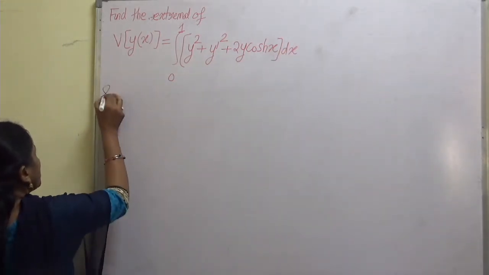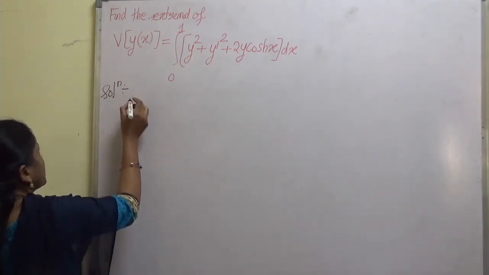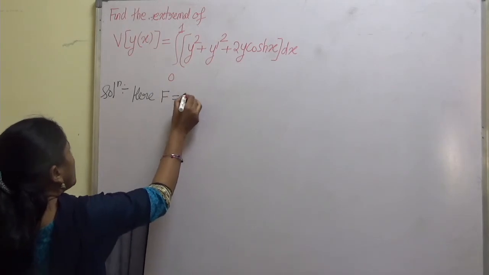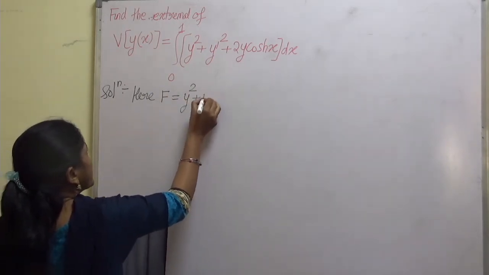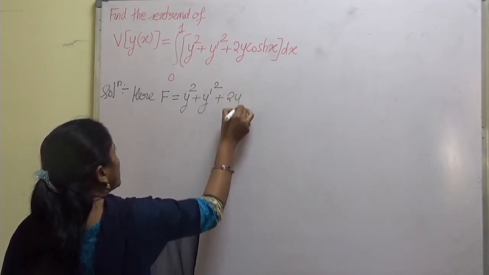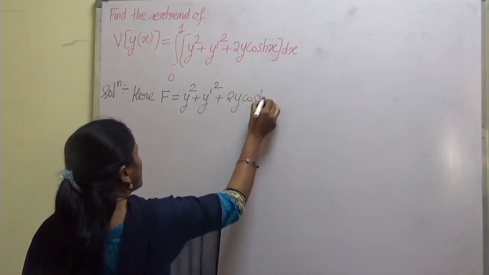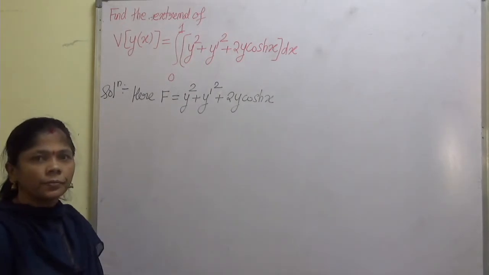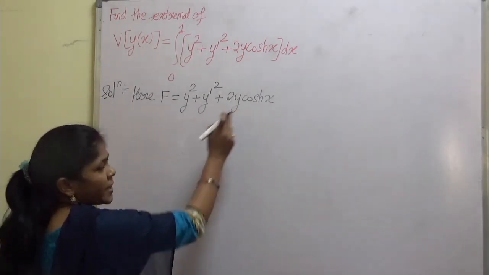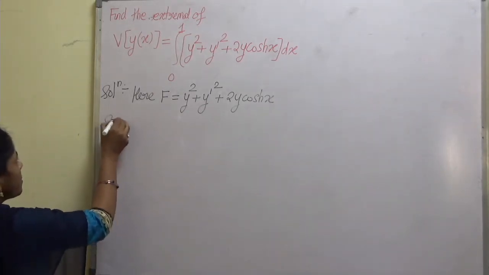So solution. Identify f first. Here f is equal to y square plus y dash square plus 2y cos hx. As this involves terms of y, y dash and x, the solution is given by the Euler equation.